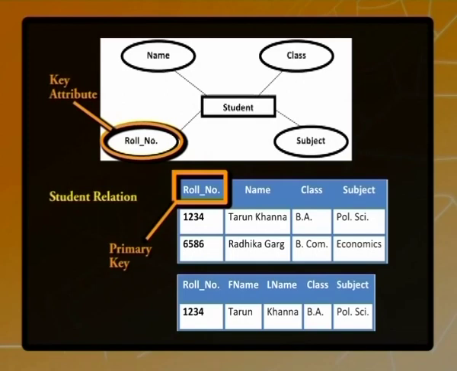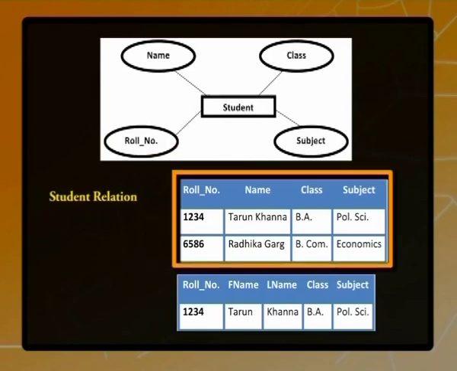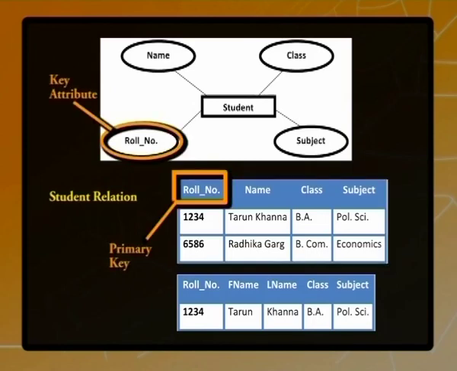Roll number was the key attribute, so roll number also becomes the primary key in this relation. The relation student corresponding to this will be as shown. Here key attribute roll number of ER diagram is taken as the primary key of the relation student.